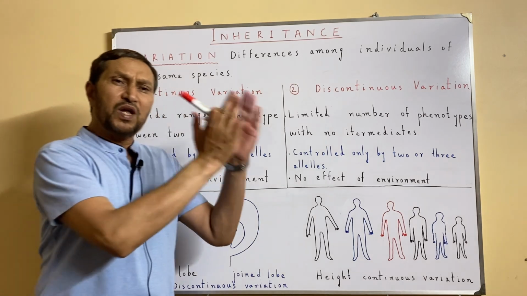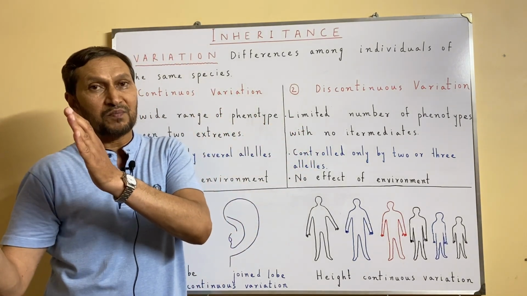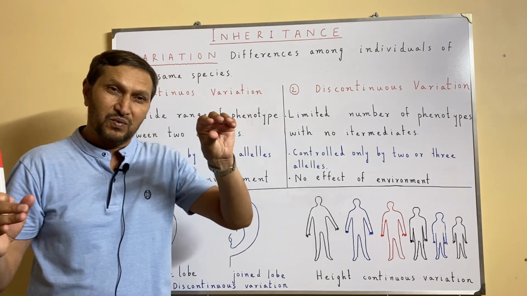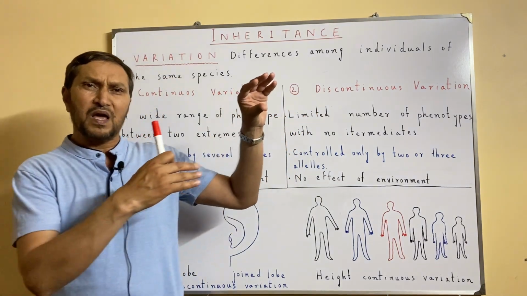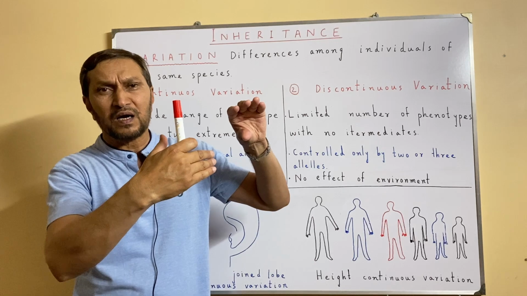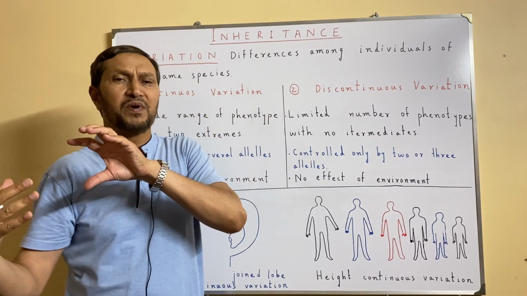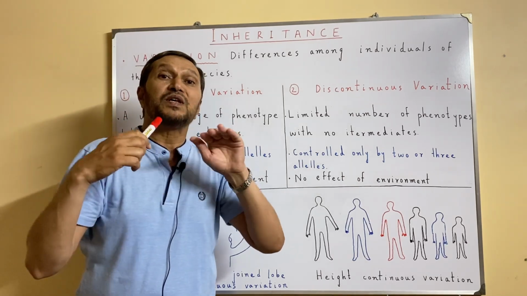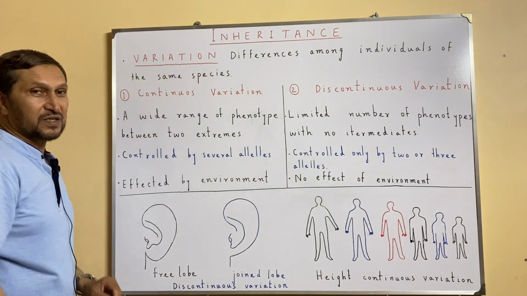Some people are very white and some have very dark skin, and then there is a wide range. Some people are brown, some have tan color, some have medium fair color, some have medium dark. So there is a wide range once again. So this is continuous variation.